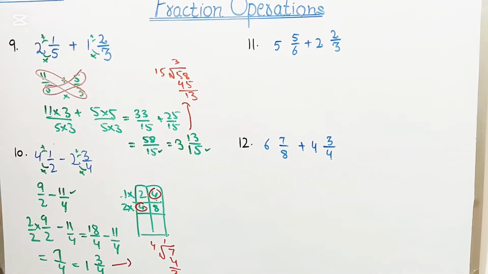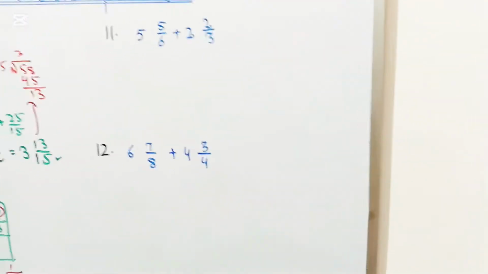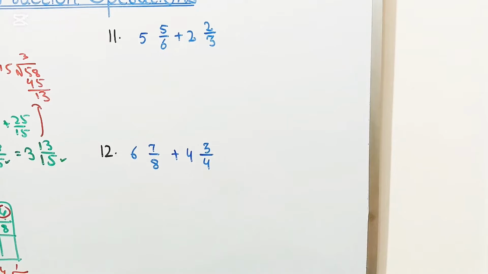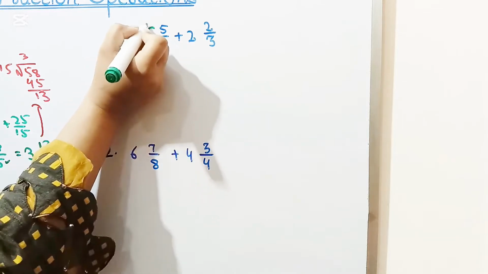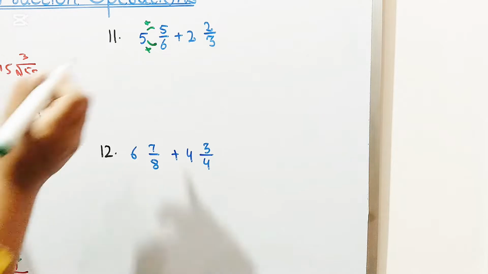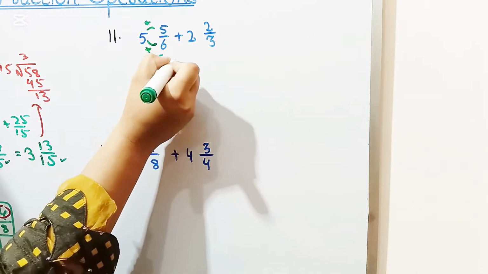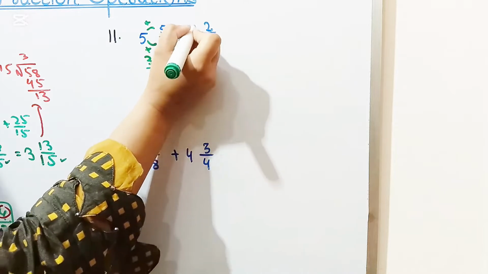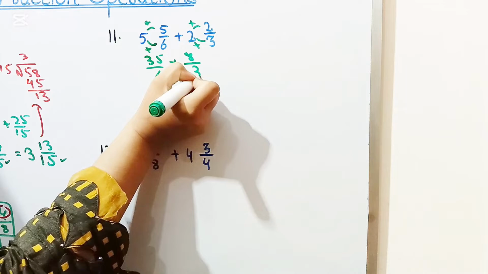Now next question number 11. We multiply and then we add them. 5 6s are 30, 30 plus 5, 35. 35 over 6 plus multiply and then add. 2 3s are 6, 7, 8 divided by 3.